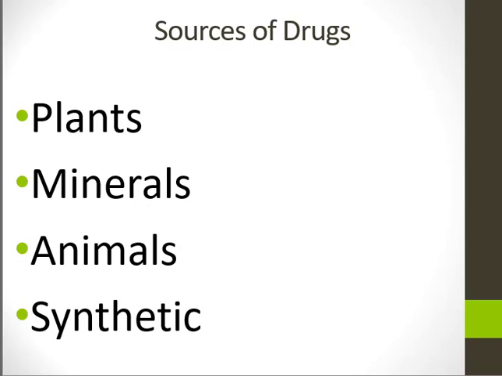Animals: we used to get insulin from pigs, porcine insulin. Now insulin is synthetic, it's made in the laboratory. And in fact, most drugs that we take today are synthetic kinds of drugs that are made in labs.